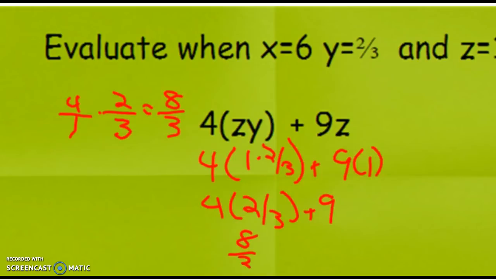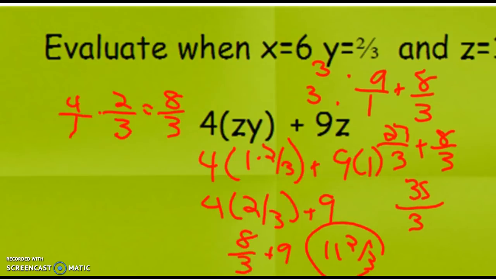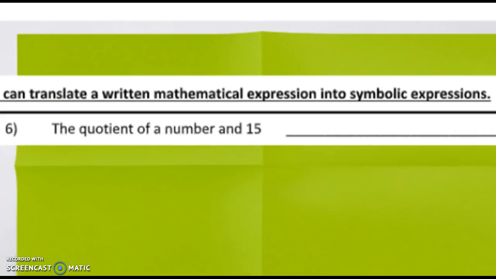So I have 8/3 plus 9. I'll do that work over here. So I have 9 over 1 plus 8 over 3. Multiply this one by 3. So I got 27 over 3 plus 8 over 3. It's 35 over 3, which would be 11 2/3. That is my final answer for that one.